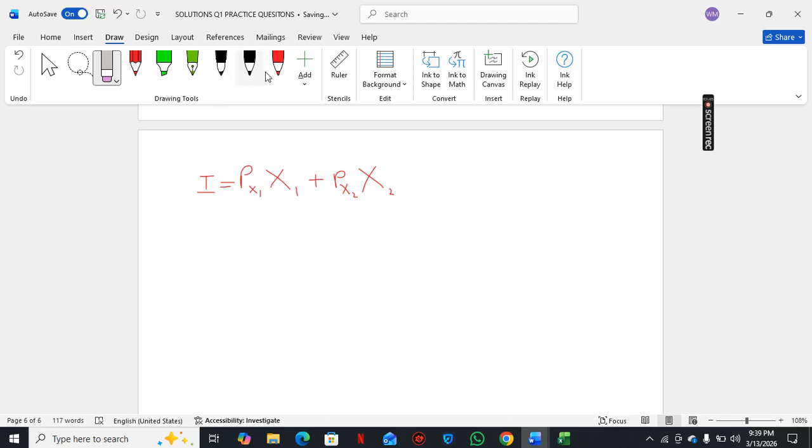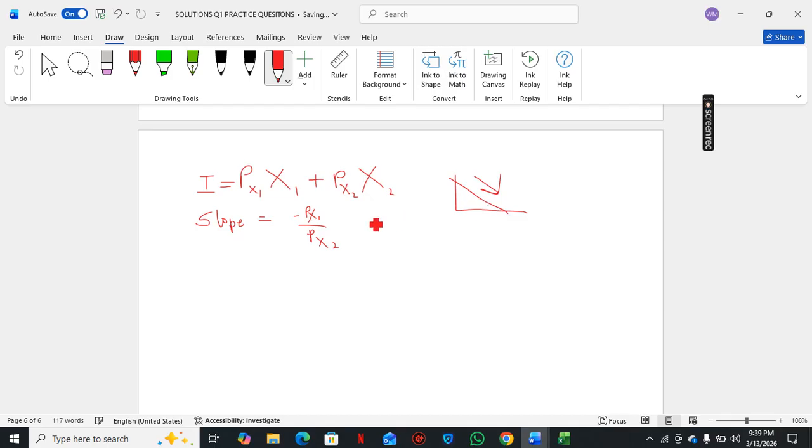After you get your budget constraint equation, you also get its slope. So you say the slope of the budget constraint equation equals negative PX1 over PX2. Why is there a negative? Because the budget constraint is a line that slopes downwards.